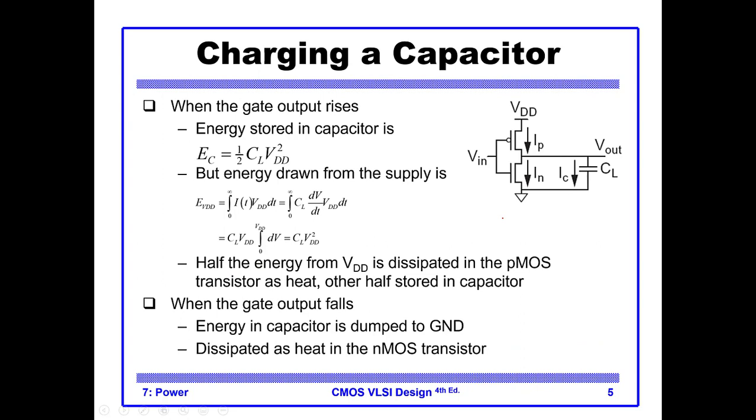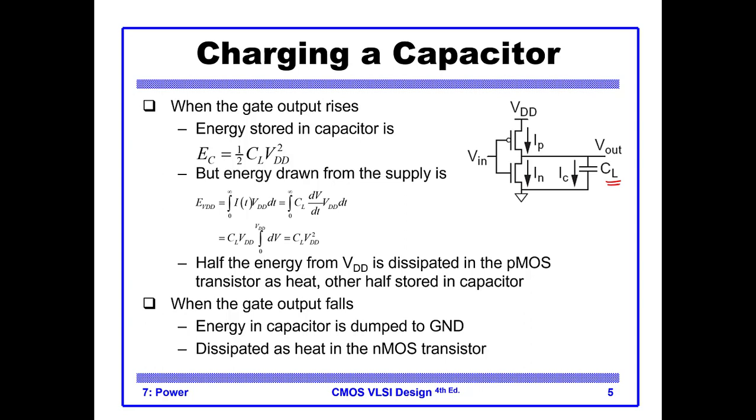This is one important equation for the energy stored in a capacitor, and we will see how it is used in CMOS circuits. So consider this inverter which is connected to a load capacitor CL. Okay, and what happens to the capacitor during charging?